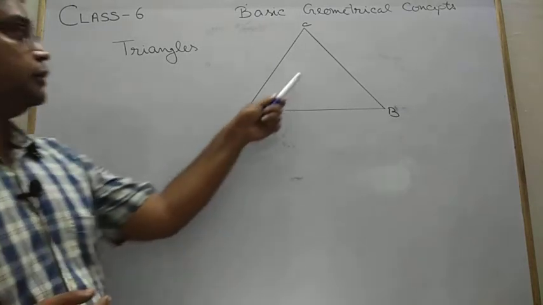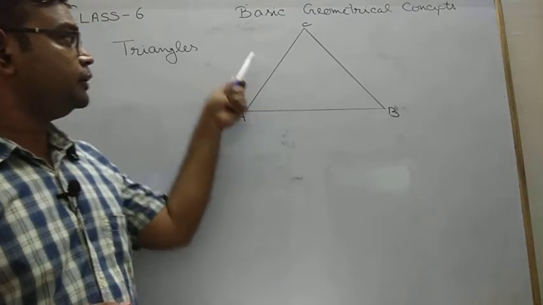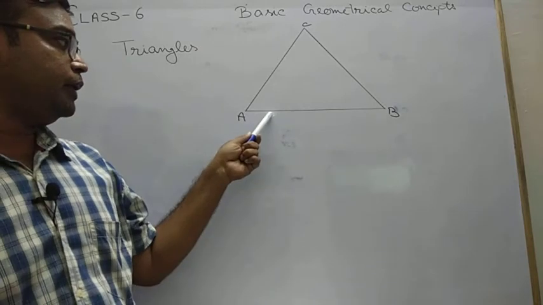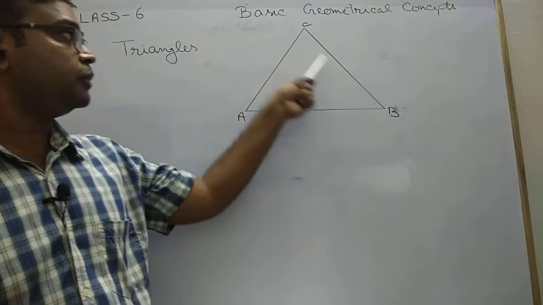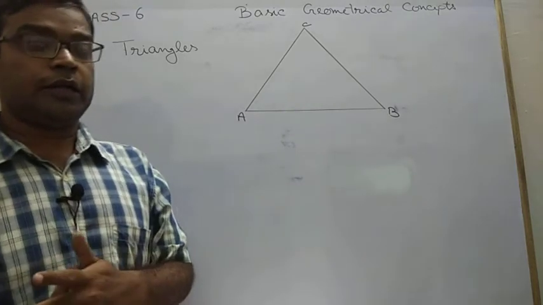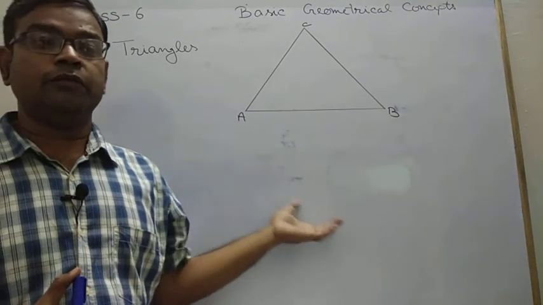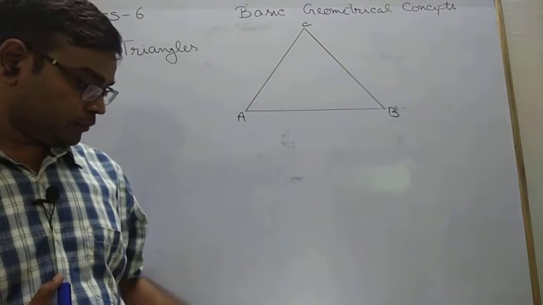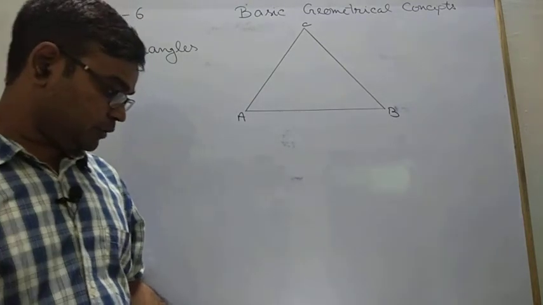This is the interior of the triangle, and the rest is the exterior of the triangle. Points on the sides of the triangle are on the boundary of the triangle. The boundary of any polygon is also known as its perimeter.